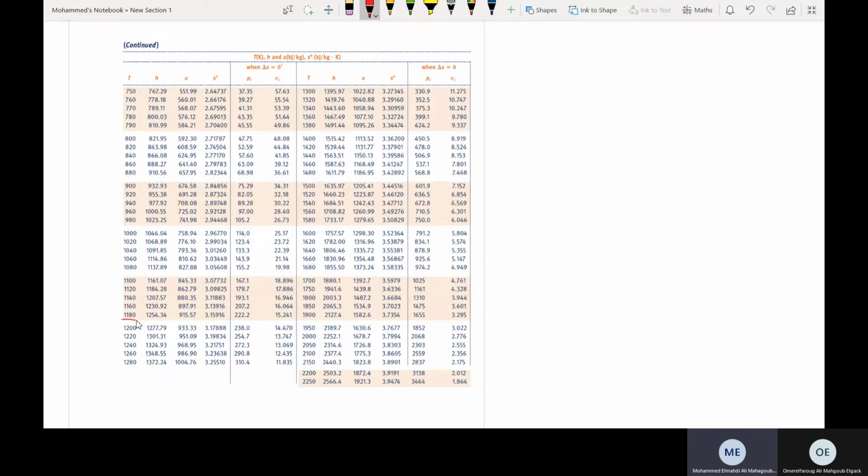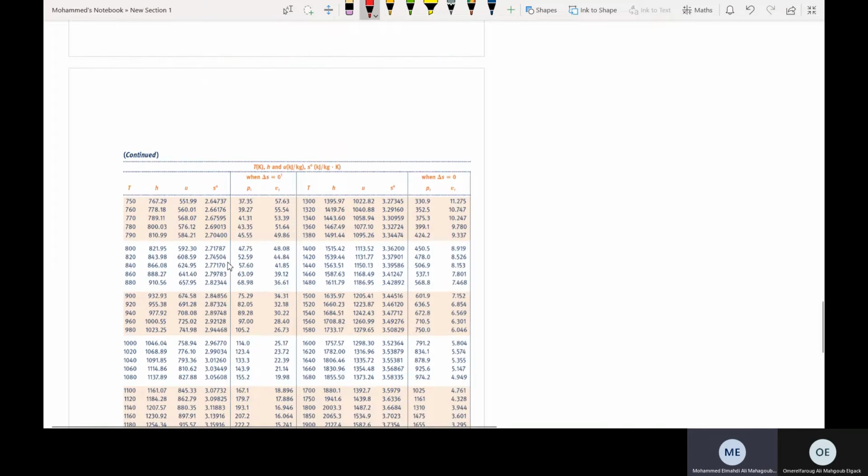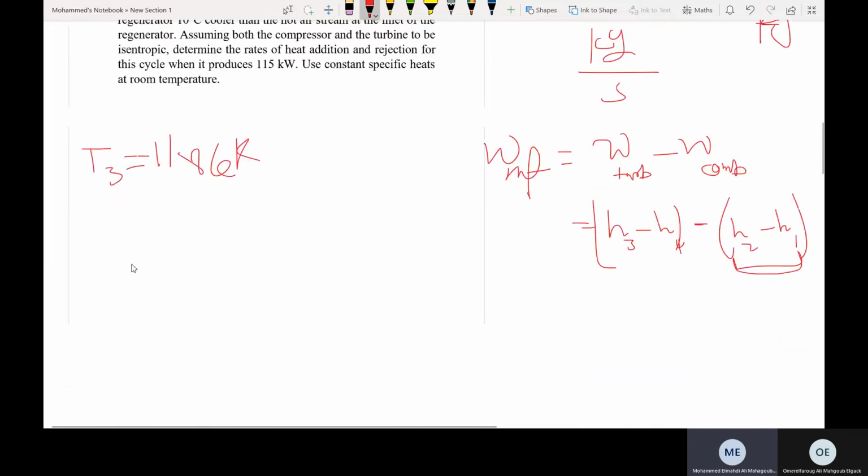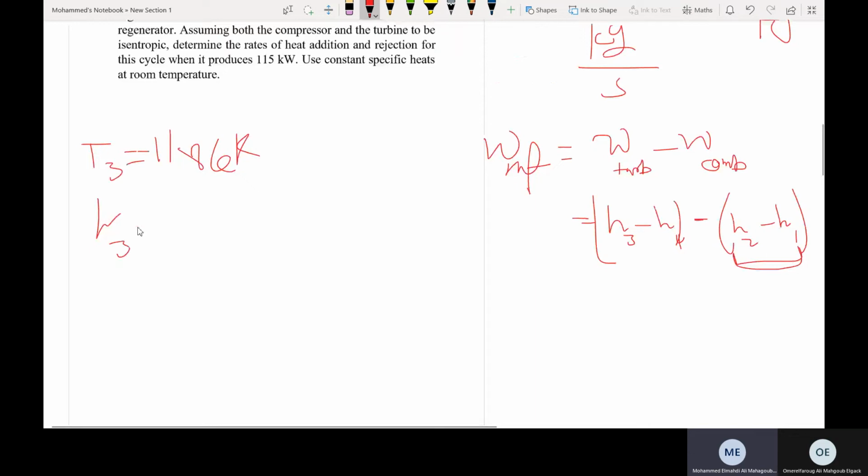It is between those two values, so my H is going to be around 1260, something like this. Let's check it. After the interpolation, it is actually 1261.38 kilojoules per kilogram. So this is H3.